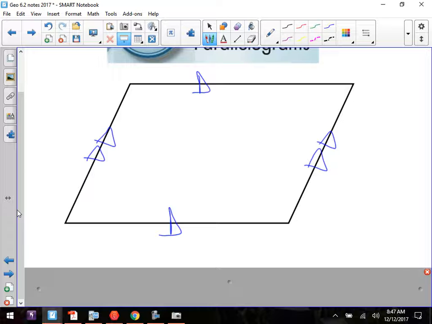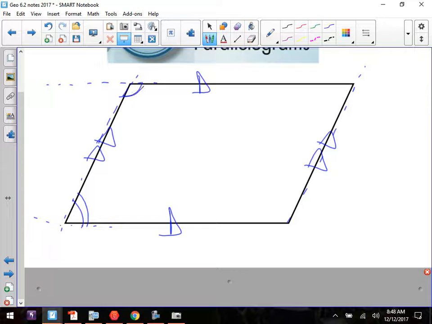When you have parallel lines cut by a transversal, if these are parallel, then this angle and this angle are on the same side on the inside, which means those two are supplementary. Now, if you turn your head sideways, isn't this line parallel to this line?